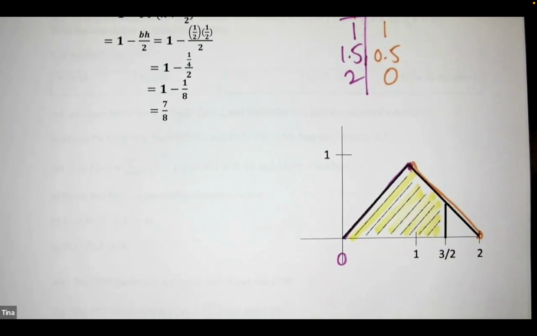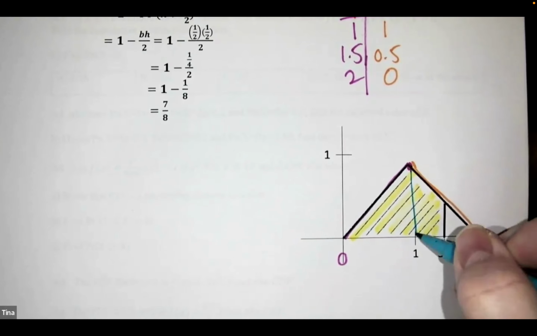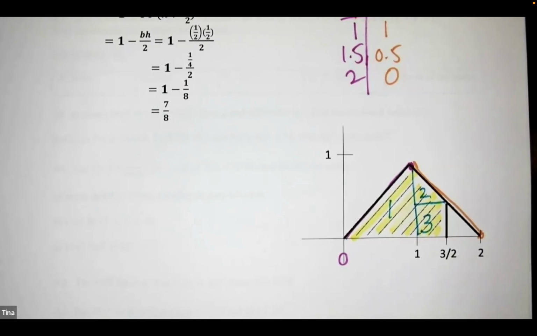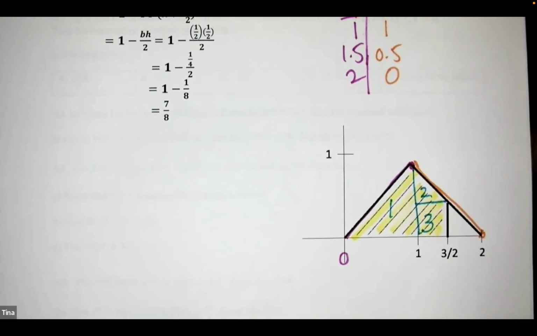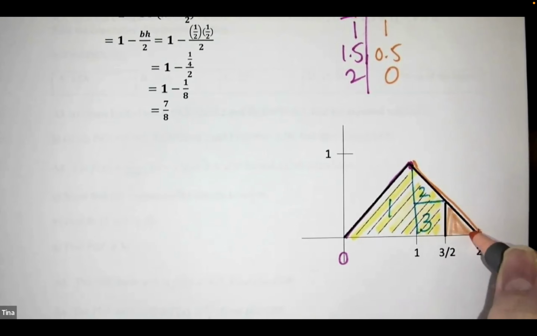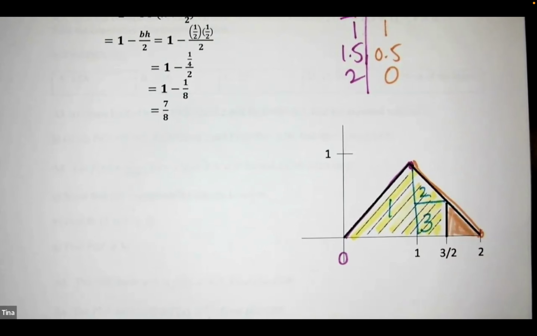So you can do all kinds of things. You could, of course, calculate the areas, 1, 2, and 3. So area of a triangle, another triangle, rectangle, it's up to you. Or, of course, you can use the integrals. And you could also, instead of adding up all those areas, do this area and subtract from 1, because the total area under any probability function should be 1.